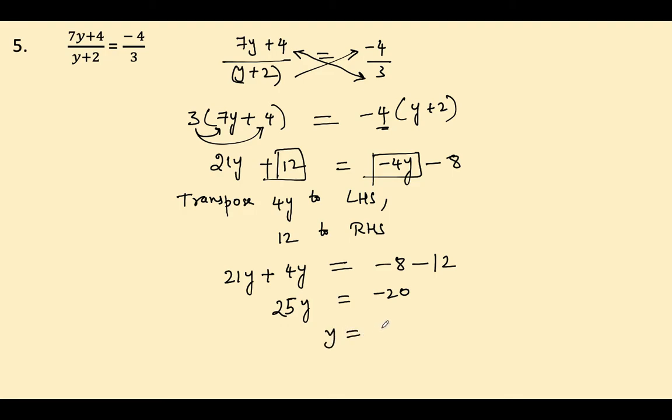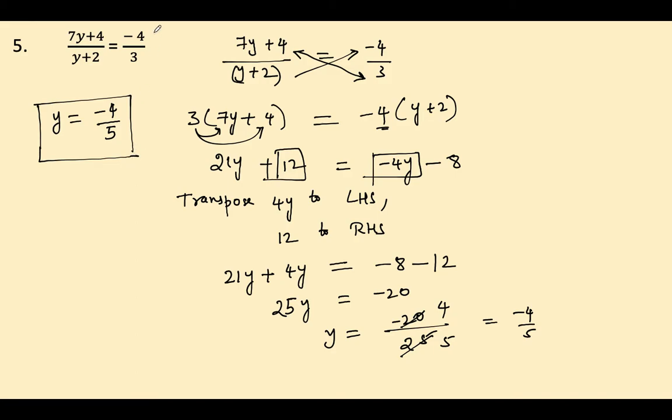So y is equal to -20/25. 5 fours are 20, 5 fives are 25, so it is -4/5. So the solution to this given linear equation is y = -4/5. Let's look at the next question.